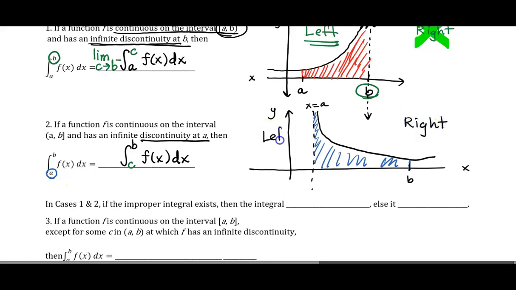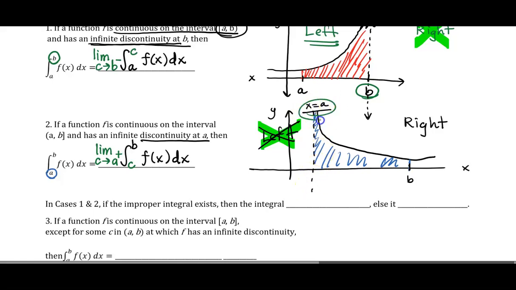Well, looking at the graph, there's nothing to the left of A, so I can't use the left. I would have to approach from the right side, so I'll put a plus sign on that. When I introduce my limit, which I still need to do, I'm saying that this is the limit as C approaches A from the right, because it's not allowed to approach A from the left.